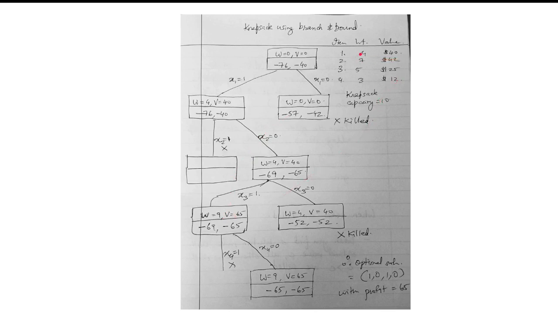So if you have included the first and the third item, then 9 units and then 1 unit you can add from here. So you get minus 69 as the lower bound using greedy knapsack, and then using just adding the items one after the other, 4 plus 5 is 9. You cannot add the entire 3 items more, so you just leave out the fourth item to get a maximum profit of minus 65.